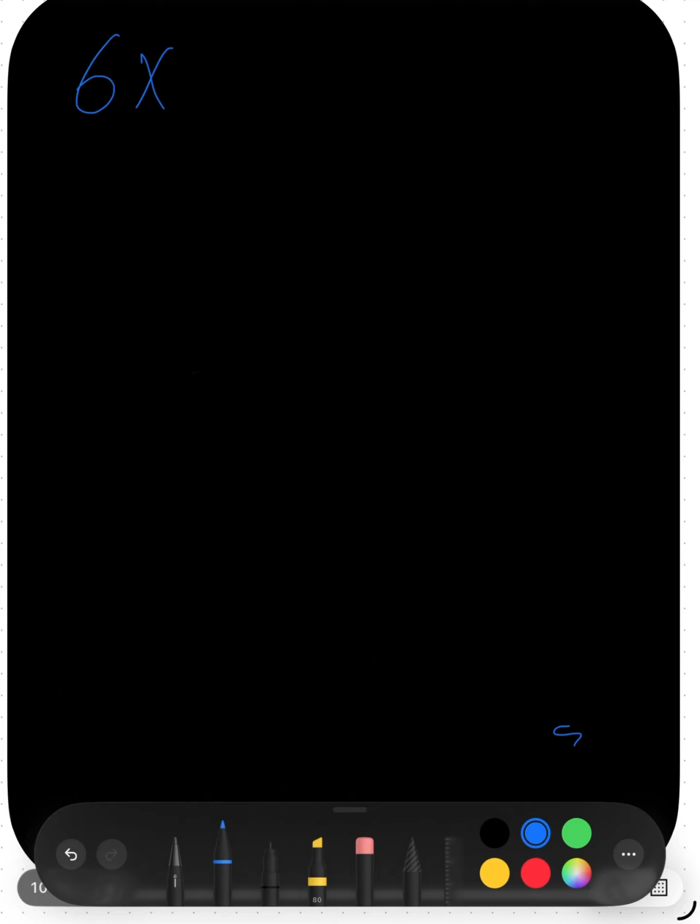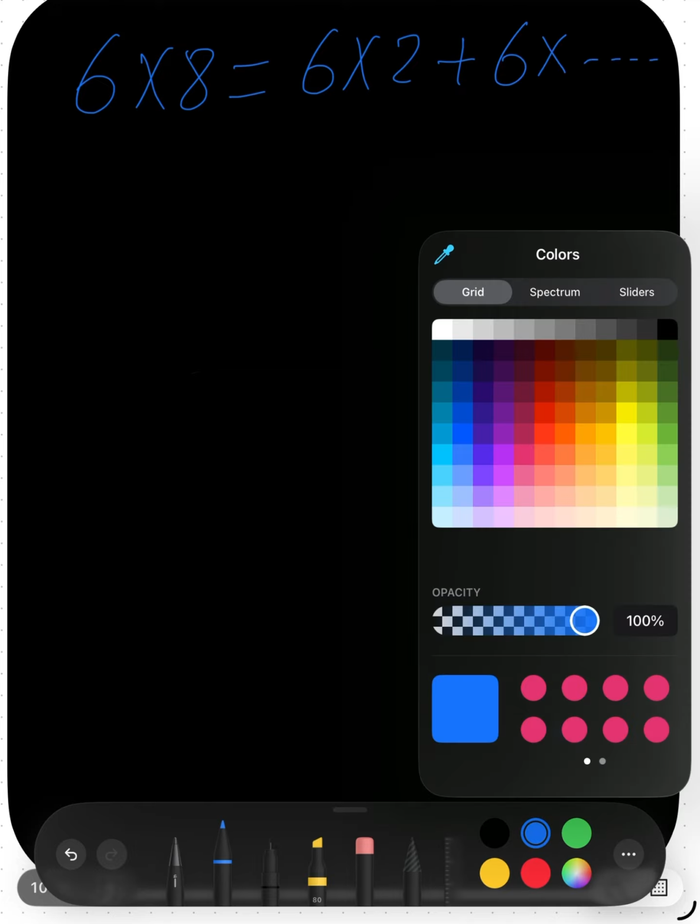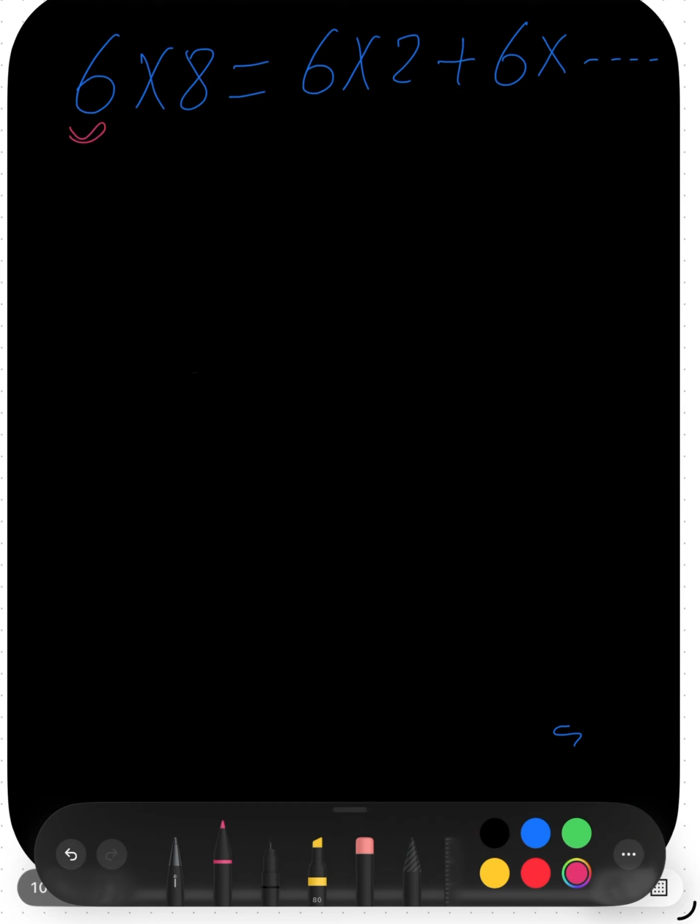Next, if we have 6 times 8 equals 6 times 2 plus 6 times what? What is the common number here? The common number is 6, so we cancel the 6.